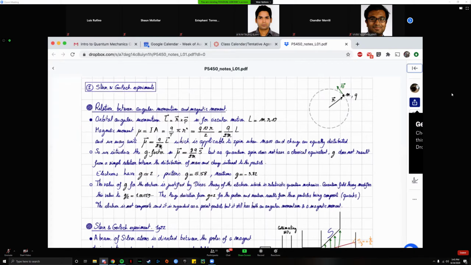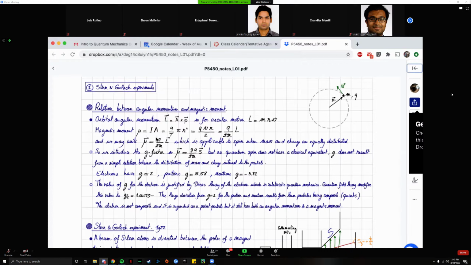So that if you had an object that is spinning, you could describe this spinning object as a collection of points like this one, following a circular orbit at a constant rate, and the ratio between the angular momentum of this object spinning and the magnetic moment that is resulting from the fact that this object is charged and spinning, that ratio would just be that ratio that I wrote here.